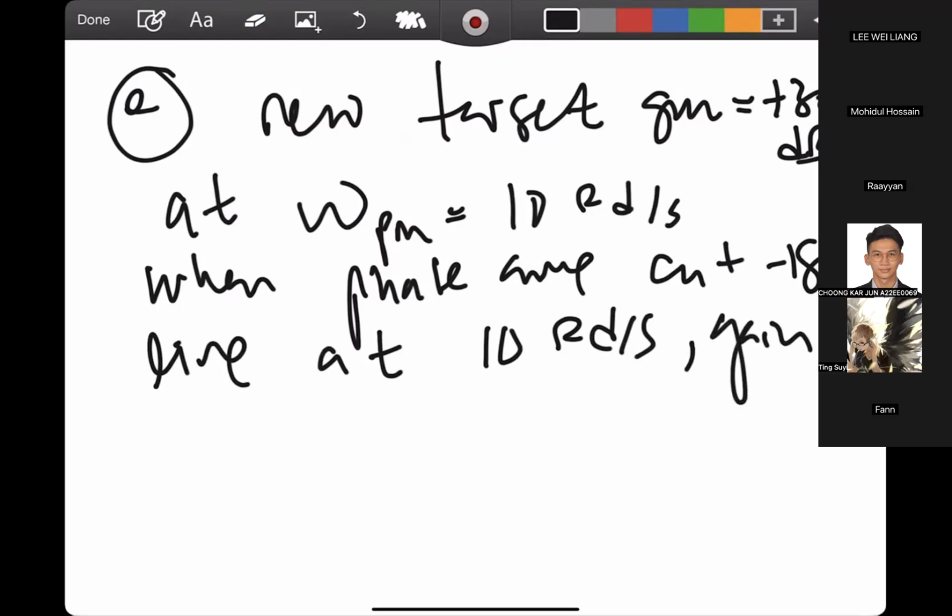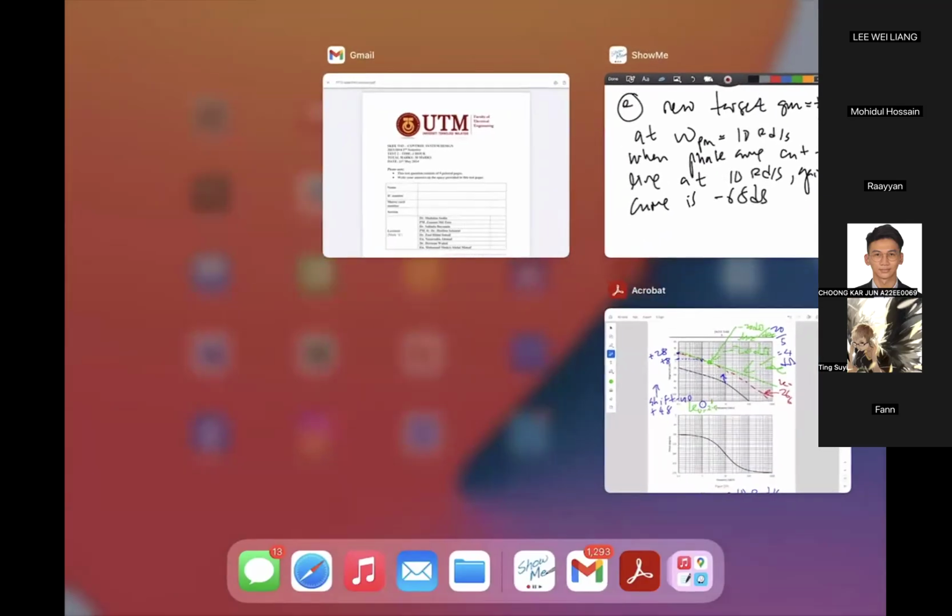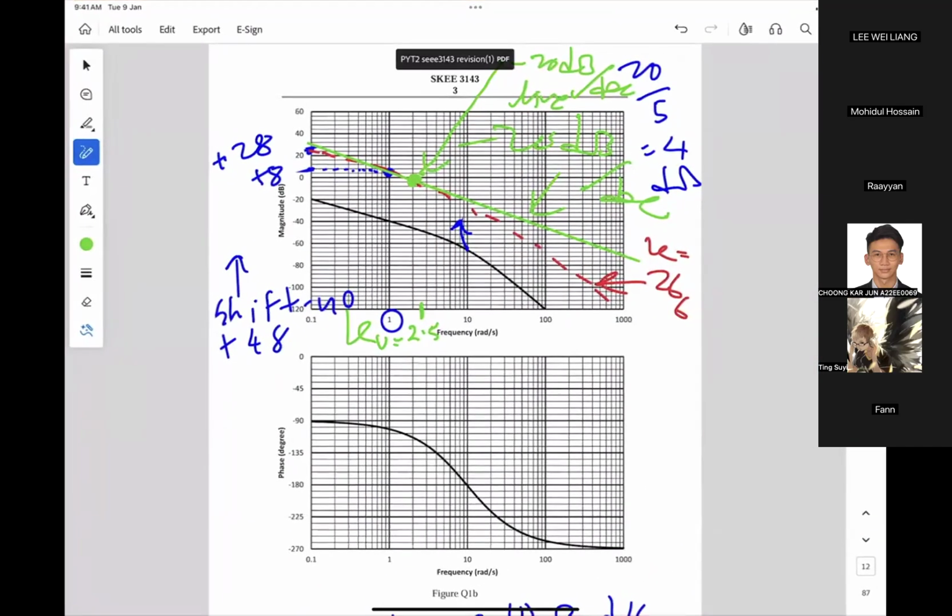the gain curve is minus 68 decibel. Okay, minus 68 decibel. So we come back to here. Okay, so we delete.